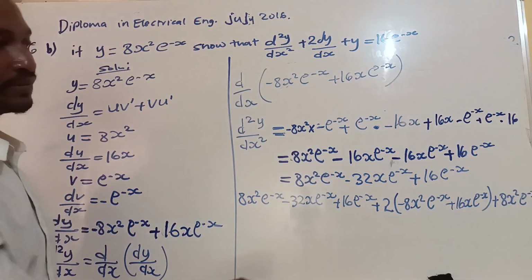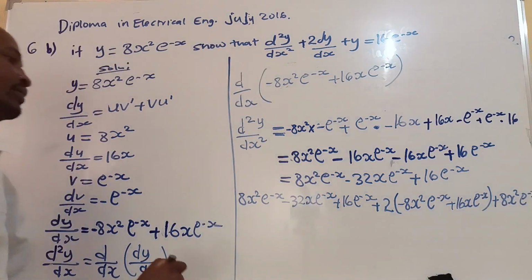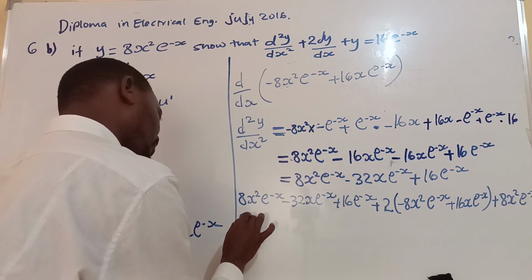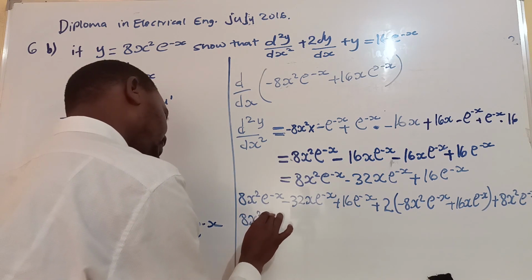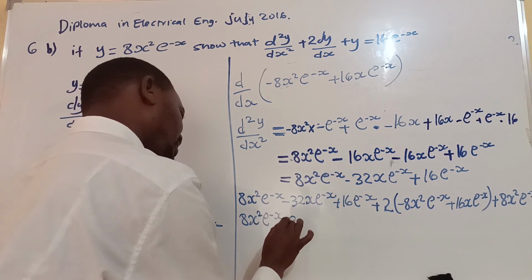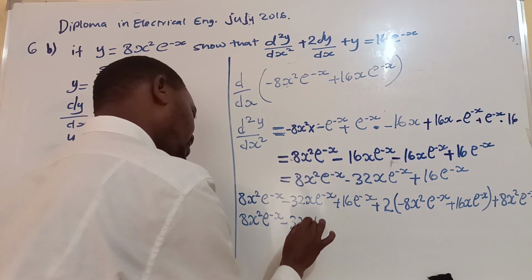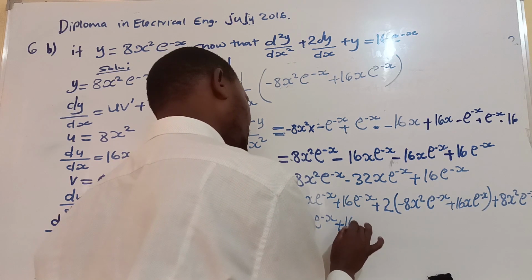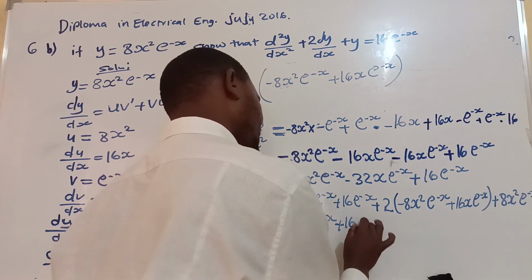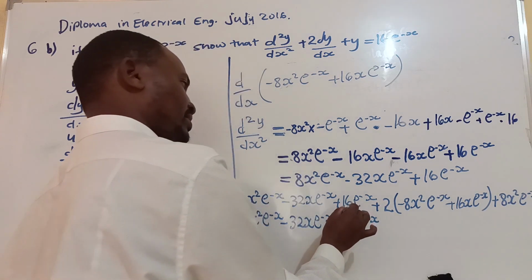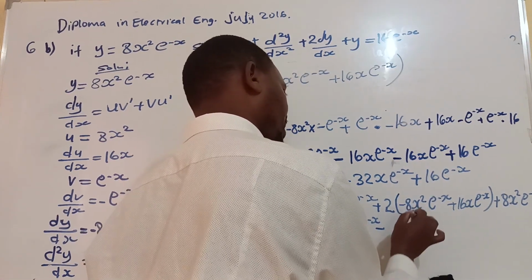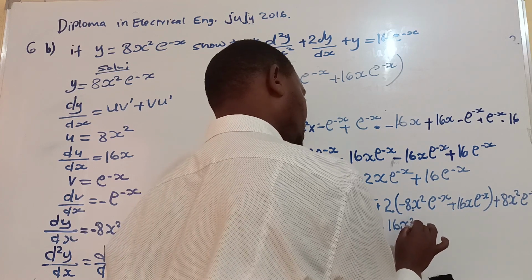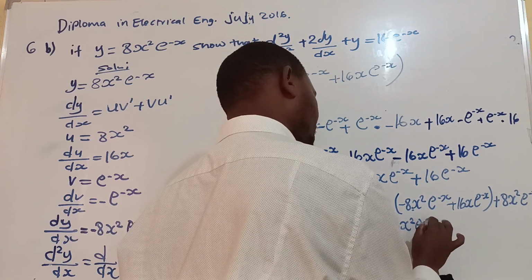So this is 8x squared exponential negative x, minus 32x exponential negative x, plus 16 exponential negative x, we are here, minus, open the bracket, negative 16x squared exponential negative x.